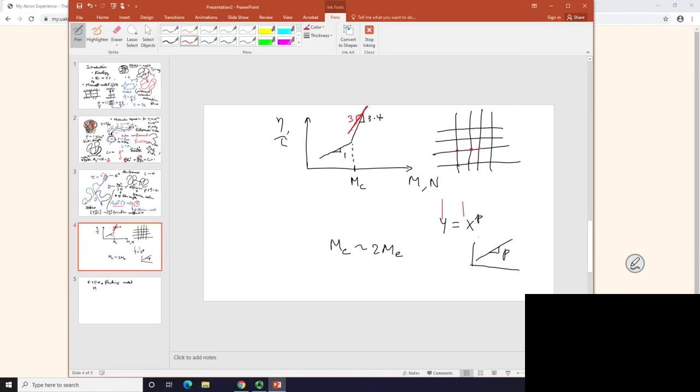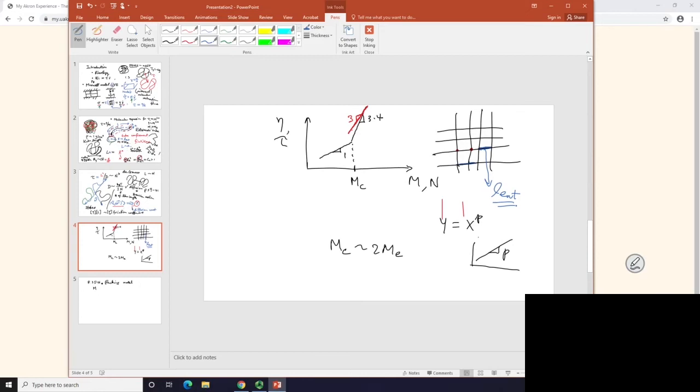But when your chain becomes as short as less than twice this spacing, you don't have a network anymore. If I call this length the entanglement length, then obviously a network can form only if your chain length is at least twice this, because otherwise you cannot reach each other in this abstract notation.